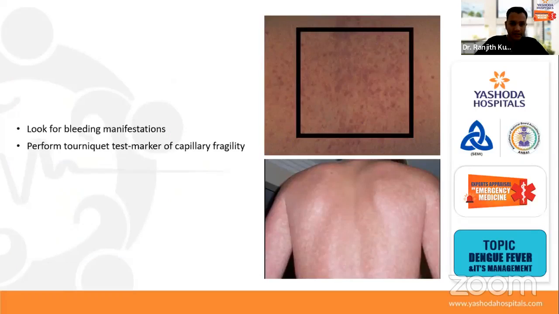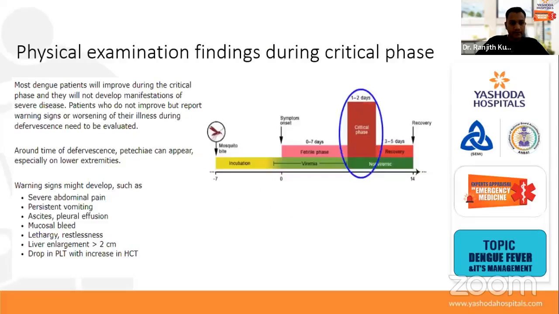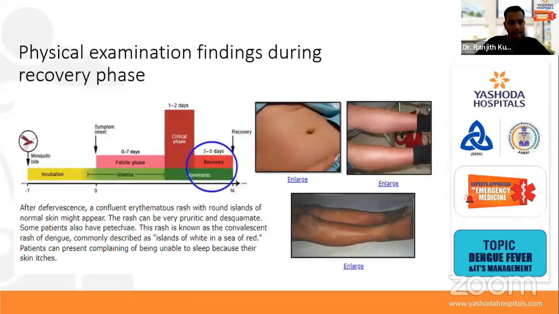So this is a picture of a maculopapular rash. In patients with severe dengue, the liver enzymes can shoot up to more than 1,000, and there might be impaired sensorium.